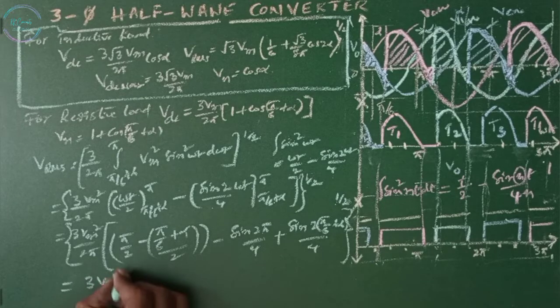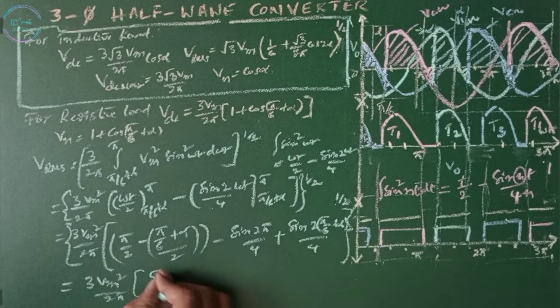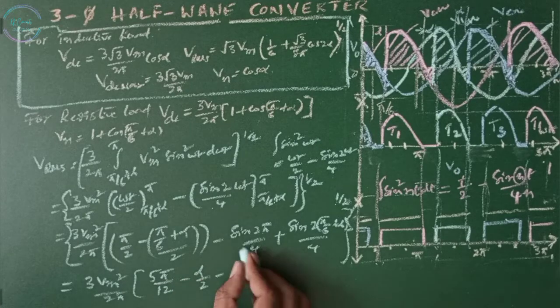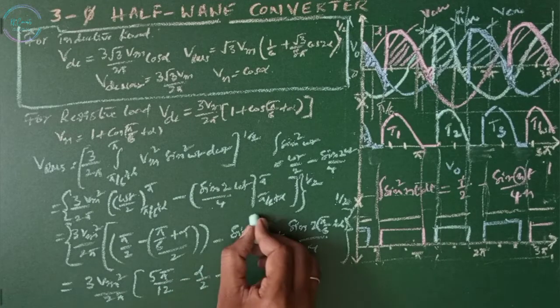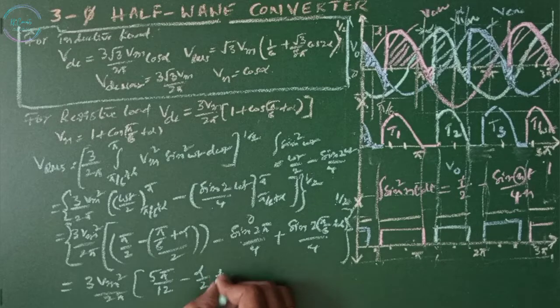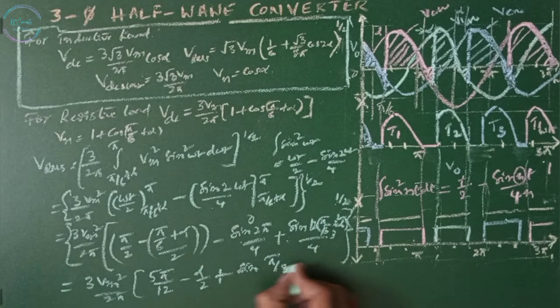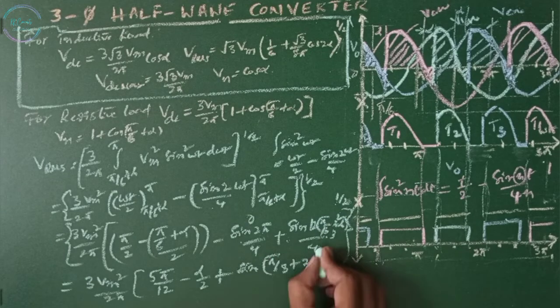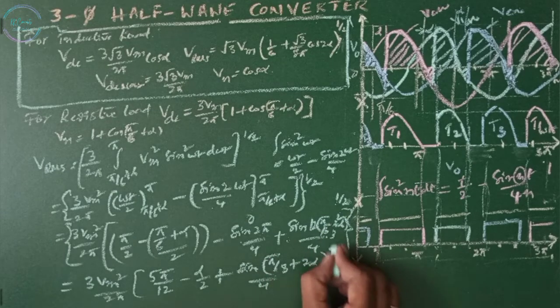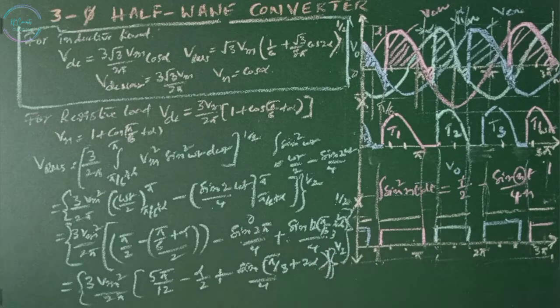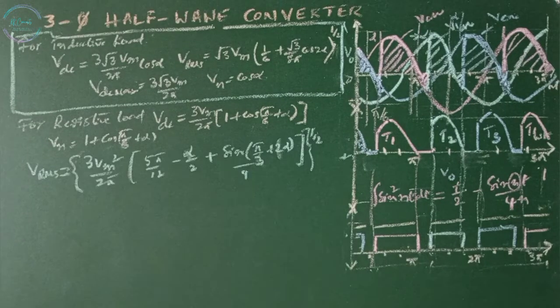Now 3 Vm square by 2 pi, this is 5 pi by 12 minus alpha by 2. This is sine 2 pi, which is 0, then this term remains, plus sine of pi by 3 plus 2 alpha by 4, whole to the power of 1 by 2. This is what we got.